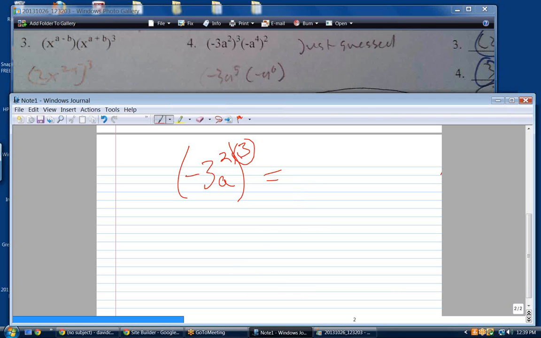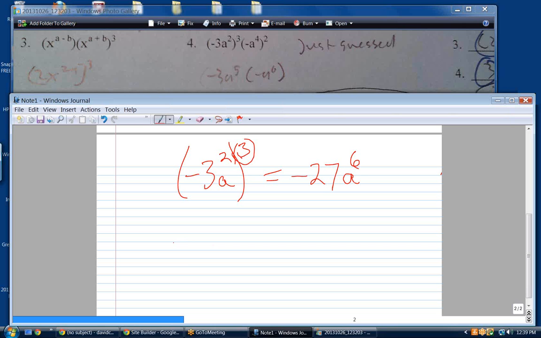So I have to take minus 3 cubed, which is negative 27, because it's minus 3 times minus 3 times minus 3. Three negatives equals a negative. And then the a squared to the cubed is what? A to the 6th. Okay.